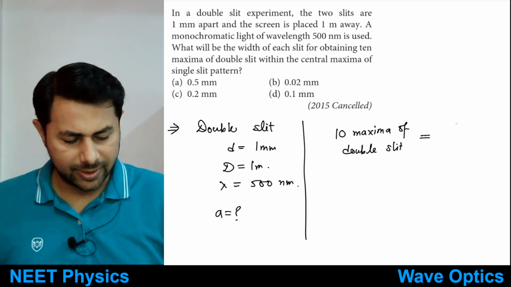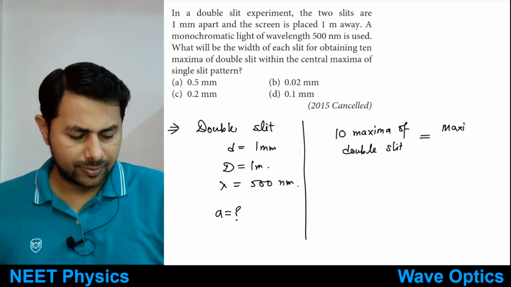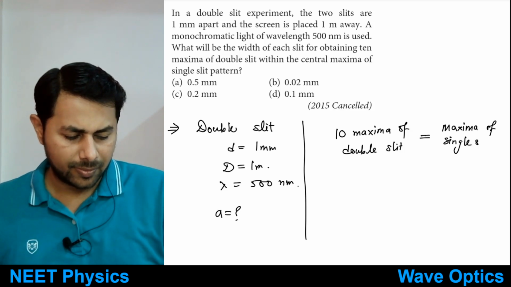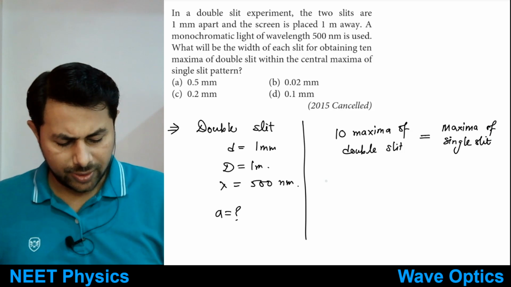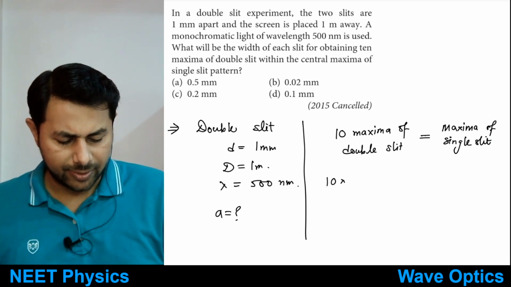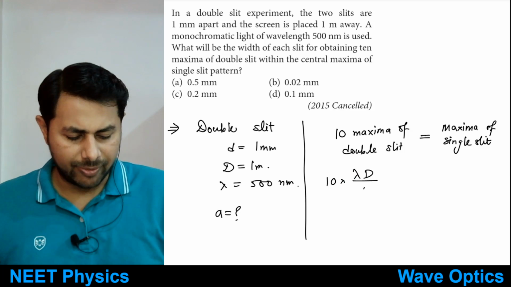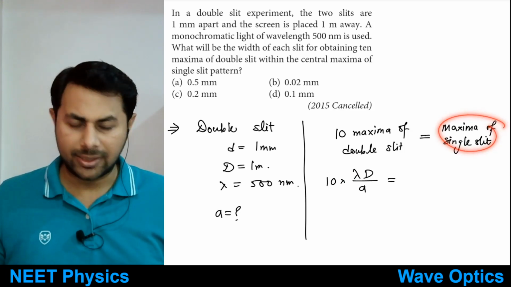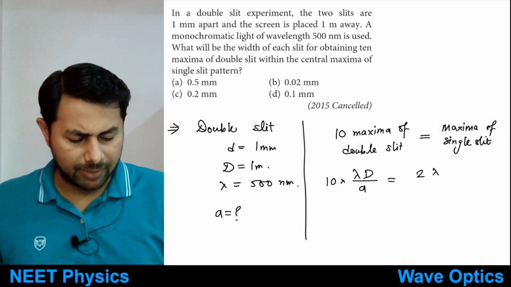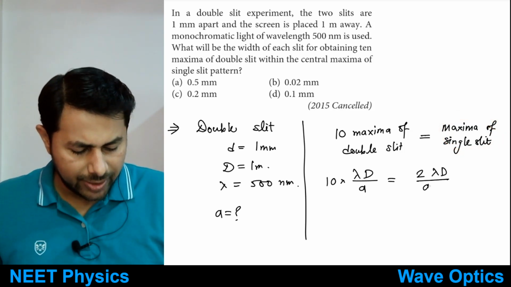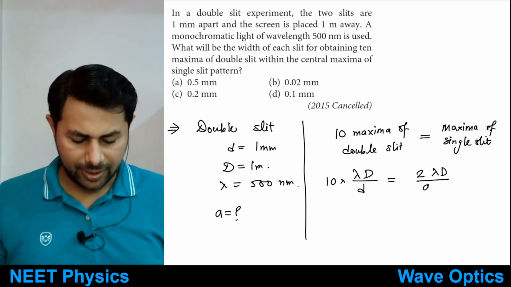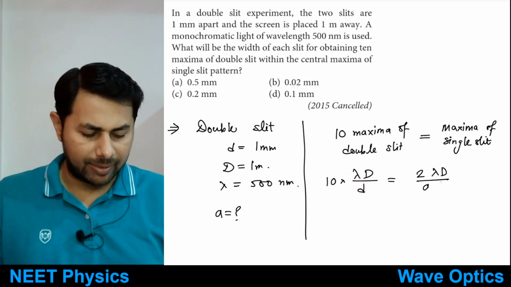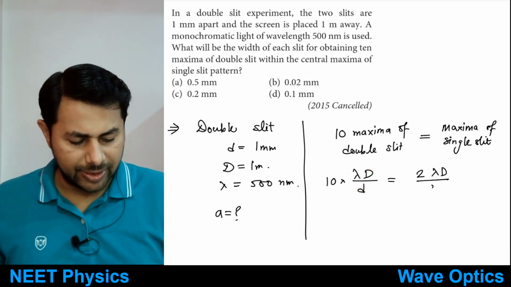of the single slit. It's option C, let's check. So this would be equal to 10 times lambda times capital D divided by small d, the distance between two slits, and the width of the central maxima is 2 times lambda D divided by a. a is the width of the slit.